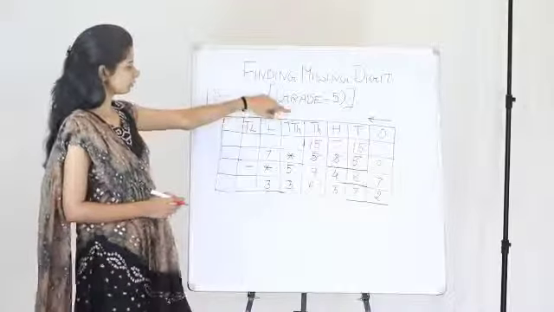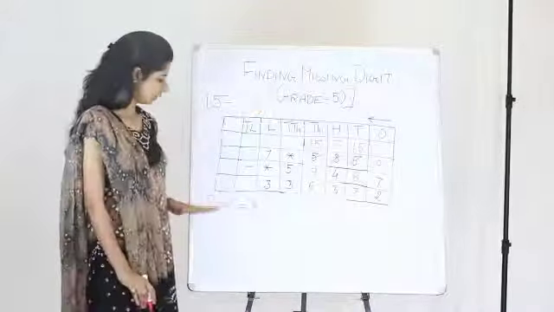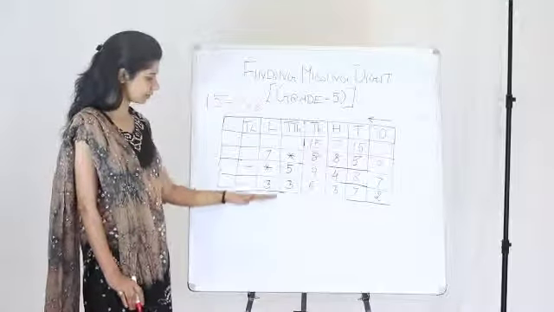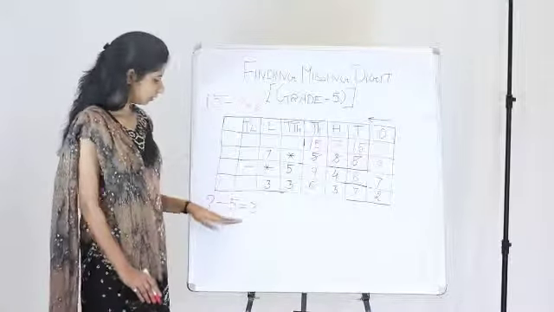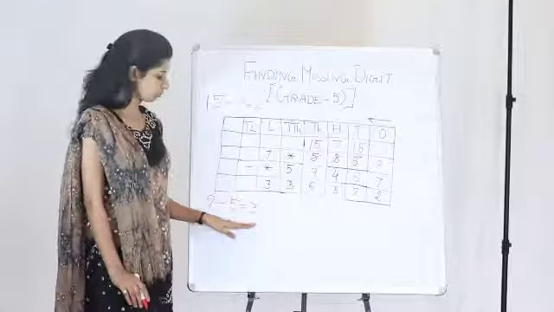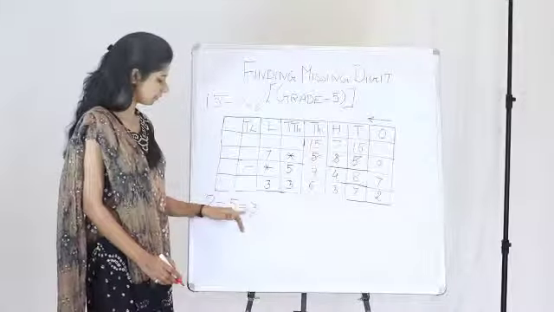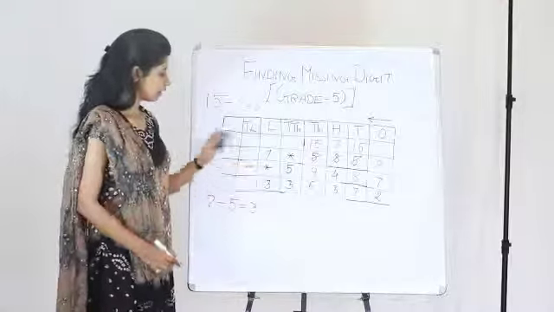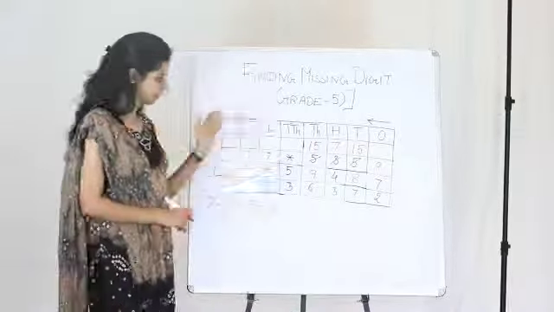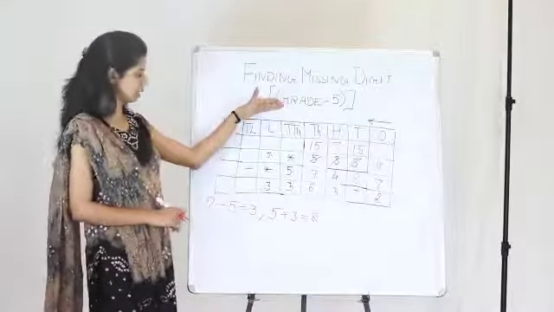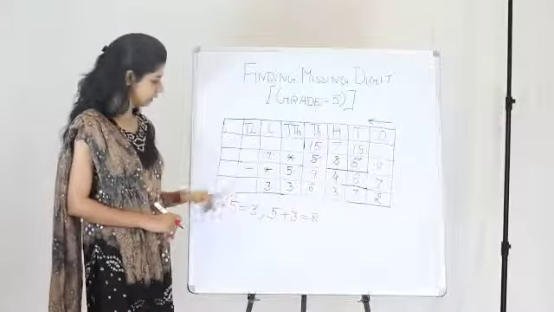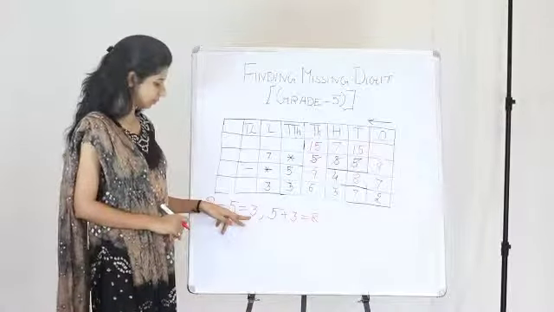Now, moving on to the 10,000s column, here something minus 5 gives us 3.